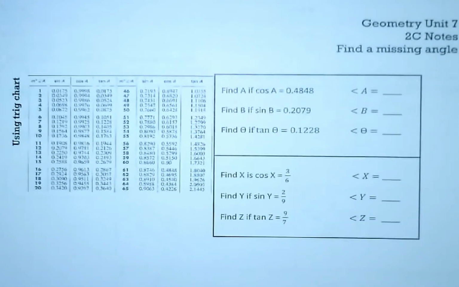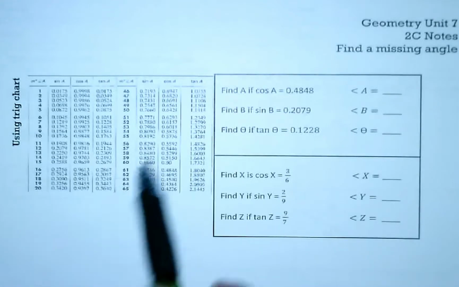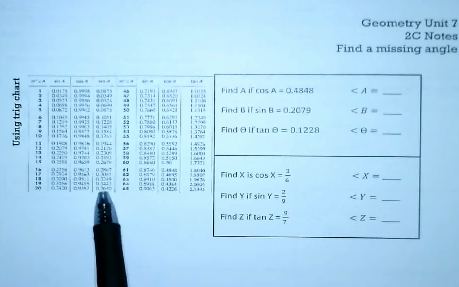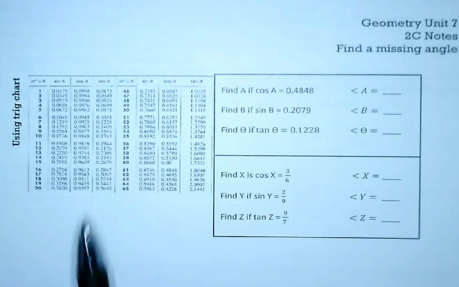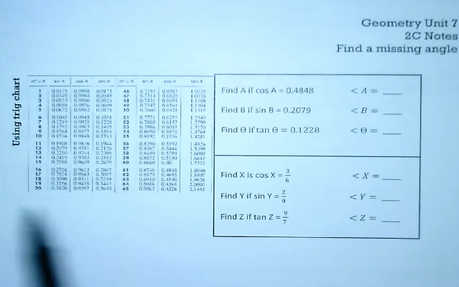A couple of things to go over before I show you how to set it up. When we look at trig and the ratios and how they're all related to the angle, one way that you can find those is to use a trig chart. I have not included the whole one, but they're fairly easy to find online.